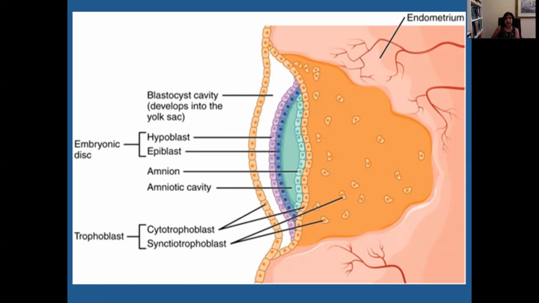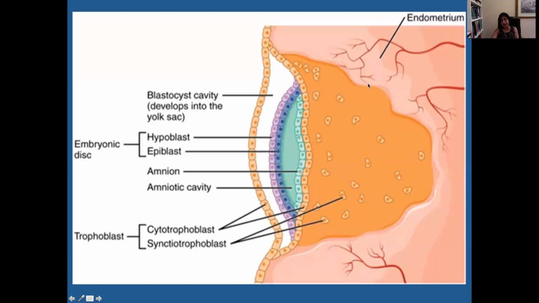So you have the blastocyst cavity, the original blastocyst cavity that differentiates into yolk sac. You have the amniotic membrane. These are extra-embryonic structures, and you also have the embryonic disc that consists of two layers, the hypoblast and the epiblast.